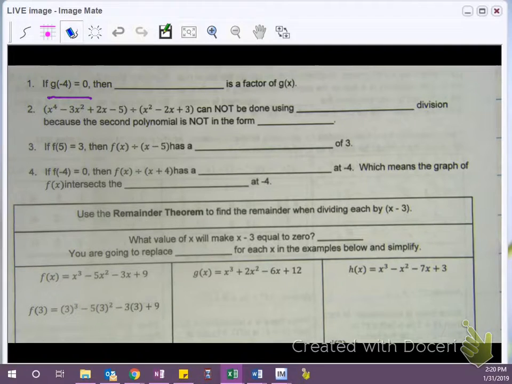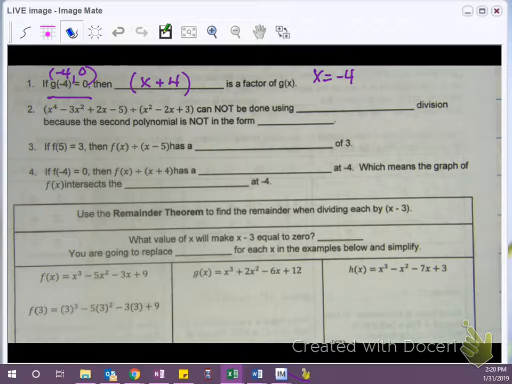So then, if negative 4 equals 0 is an x-intercept, then when we write this as a factor, we write x plus 4. X plus 4 is a factor if g of negative 4 equals 0. Because this means the point negative 4, 0, right? Which means that x is equal to negative 4.